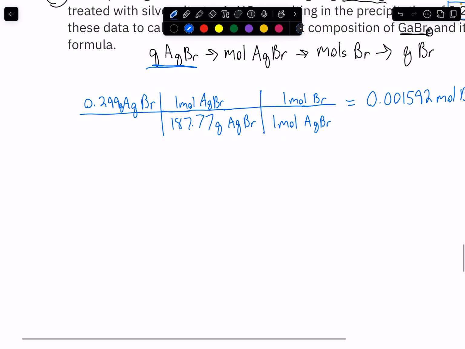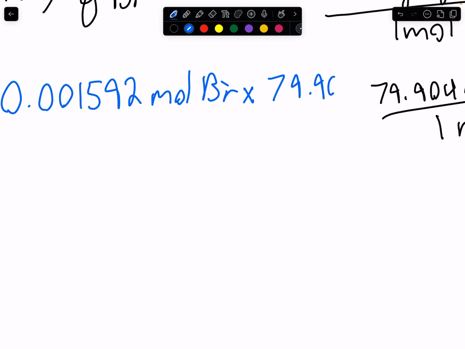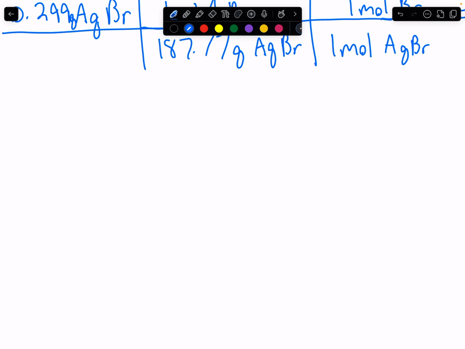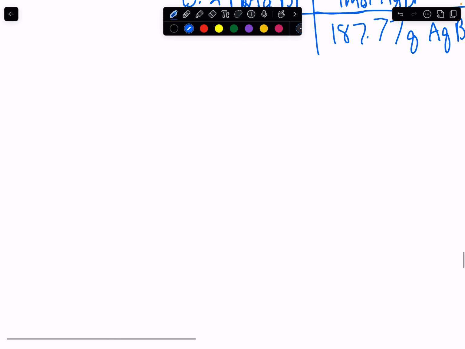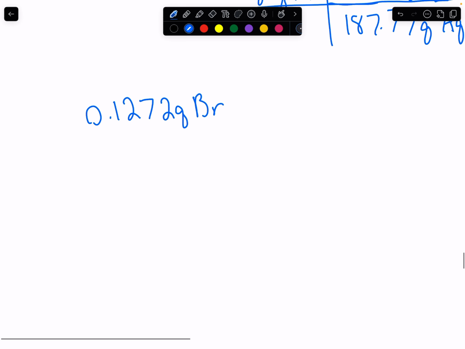I'm just going to multiply it by 79.904 over 1 mole, and that's going to cancel out. That's going to give you an answer of 0.1272 grams of bromide.